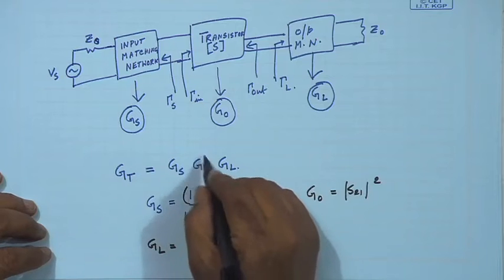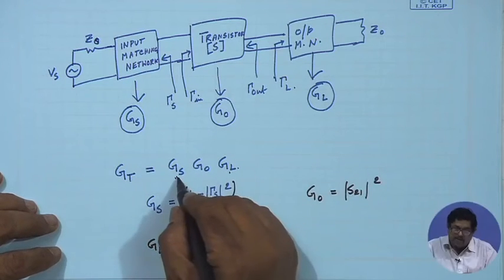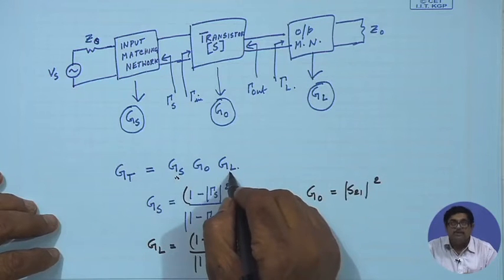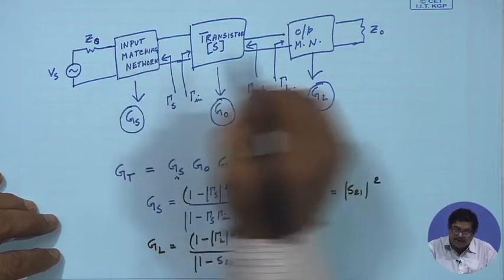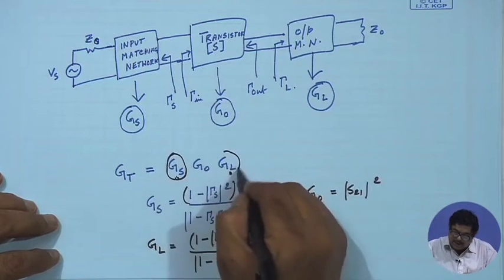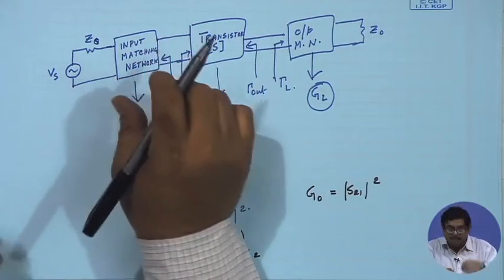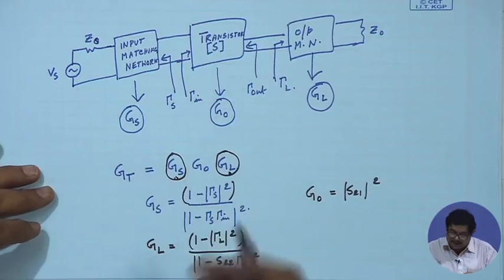This is like simple matching, but I have 2 more degrees of freedom here. One is the input source matching, another is the output side matching. By designing these 2 networks properly, I can get these additional gains, because due to conjugate matching I will make maximum power transfer, and by that I can increase the gain.